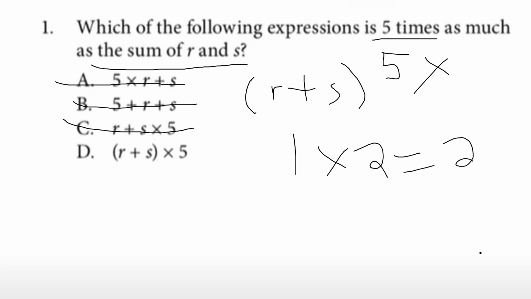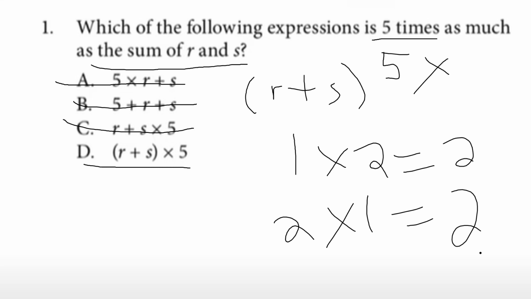And even if we switch the numbers around, 2 times 1, that equals 2. So that's why it's okay that you have R plus S in parentheses times 5, and that is the same thing as what I wrote above where it says 5 times R plus S, the sum of R plus S.